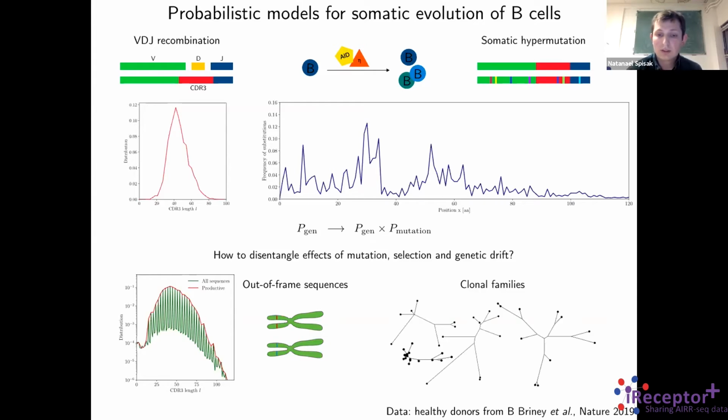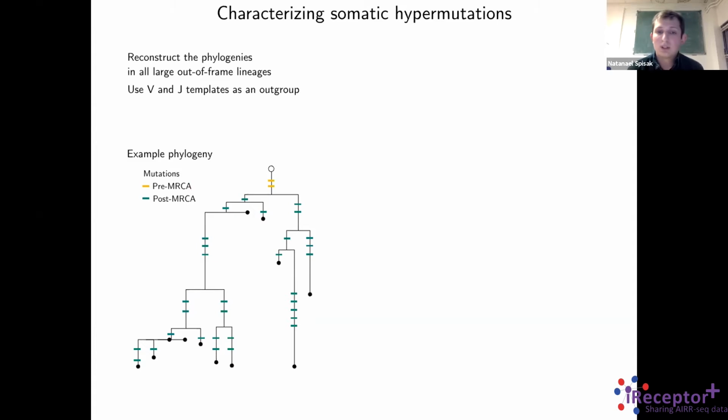Secondly, and importantly, to get rid of phylogenetic biases and to count each mutation once, we need to reconstruct the clonal families which are present in the repertoire data. To do that, we use standard techniques. Once the partition into lineages is done, we reconstruct the phylogenies, again using standard phylogenetic methods. What's important is that we use the germline templates as an outgroup that roots the trees, and in particular allows us to identify which of the mutations are shared by all sequences.